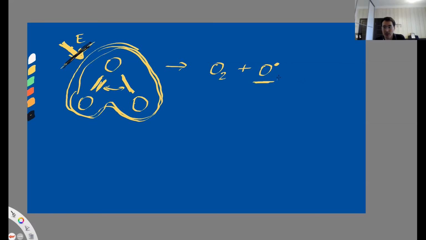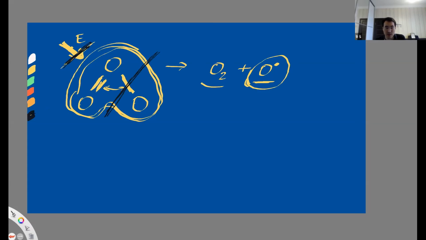That's why we say that this is a poison, because this oxygen starts attacking everything it sees. So if we don't have this outer source of energy, again, it decays. It happens something like this.